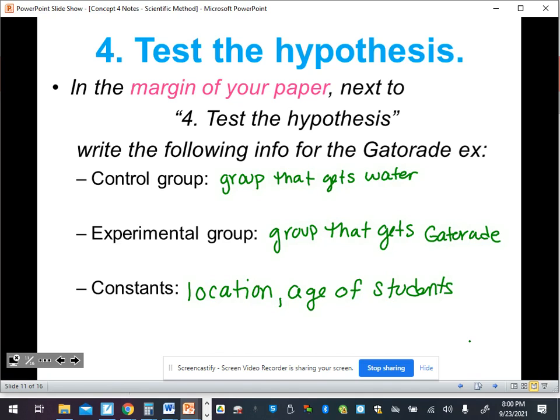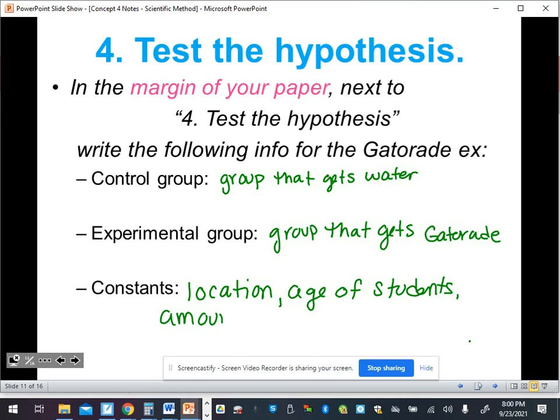It wouldn't really be fair to compare a fifth grade group that drinks Gatorade to a 12th grade group that's drinking water. You probably want to limit the amount of liquid that they are drinking.